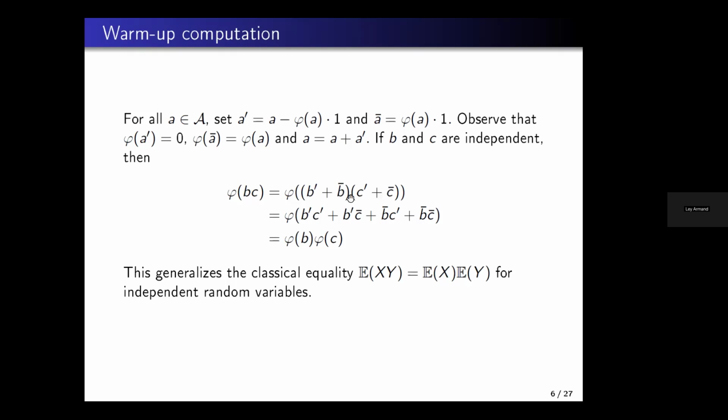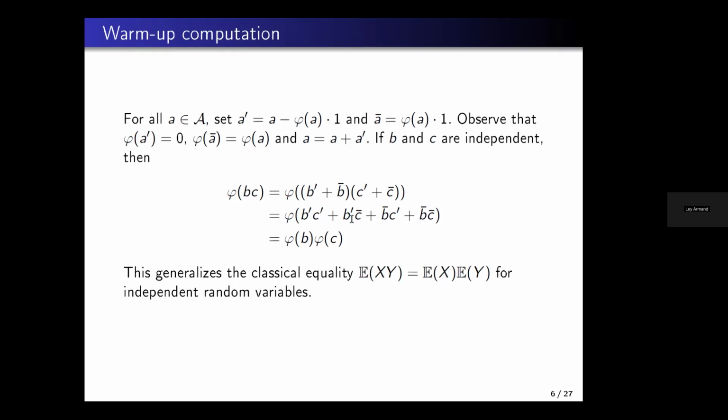If you expand the multiplication, you have four terms that you can treat independently using the linearity of phi. So the first term, phi of b prime c prime, is equal to 0 just because b and c are independent elements. They belong to different free subalgebras and they are both centered.